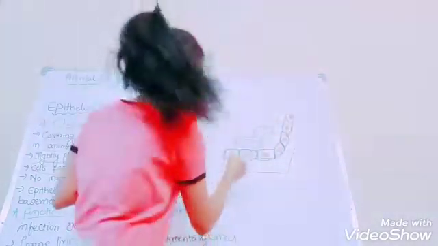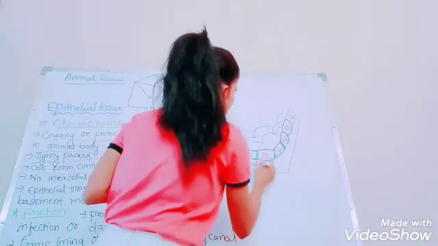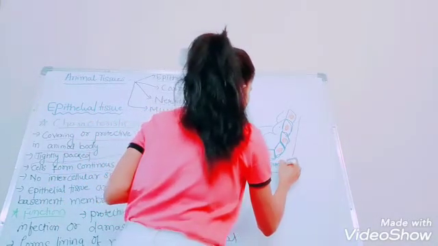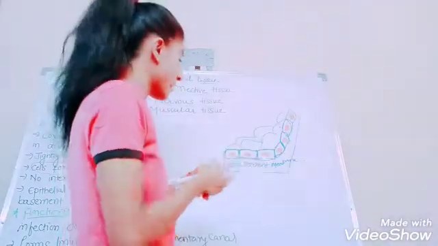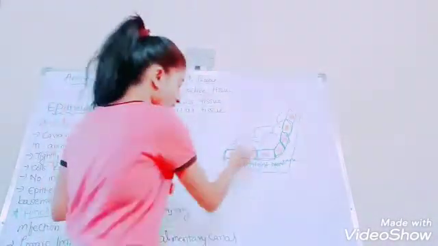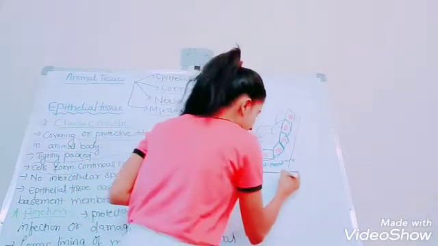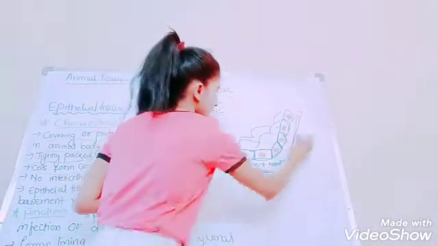On the surface of the basement membrane. Yes, guys, so this is the basement membrane. The black colored one is the basement membrane. And where do all these cells lie? These cells lie over the basement membrane.